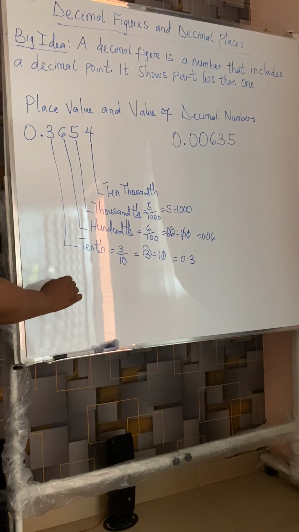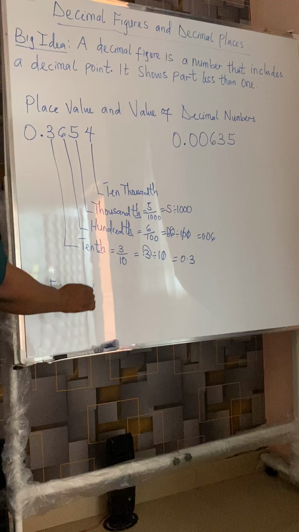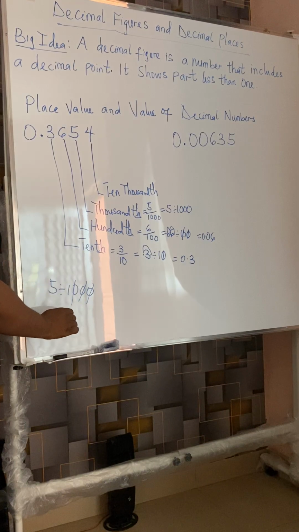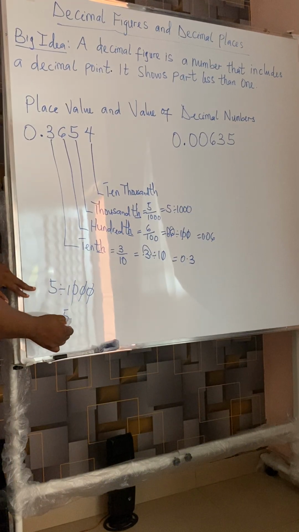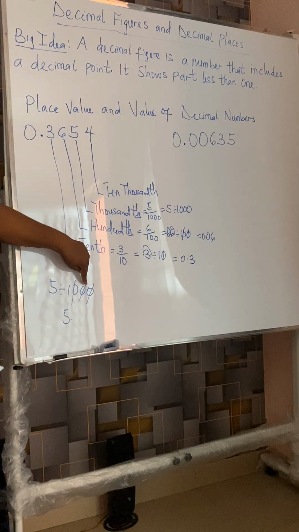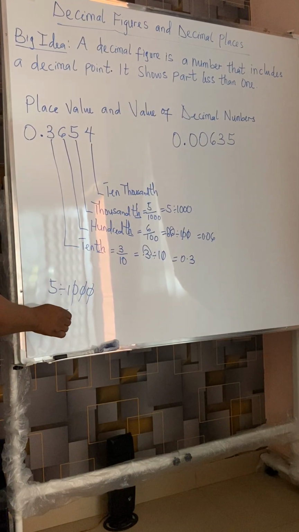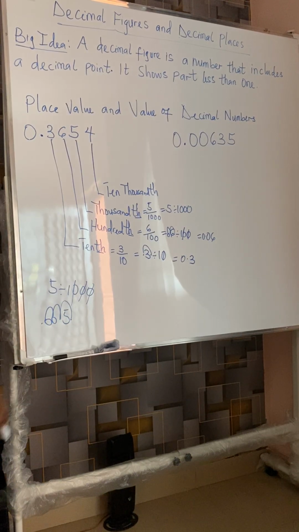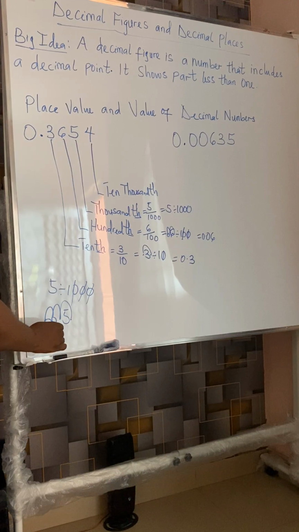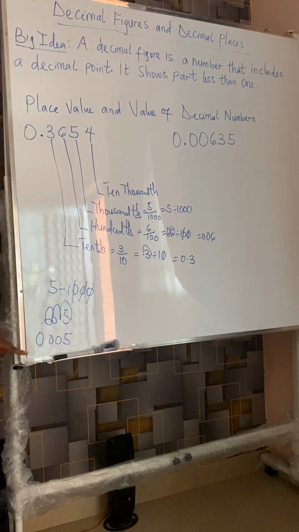If I say 5 divided by 1000, remember there are 1, 2, 3 zeros here, and this is 5. There is always an invisible decimal point here, but because there are 3 zeros, I'll move 1, 2, 3. Then my decimal point, so that this is 0.005. If I like, I'll put my 0 here, so that this is 0.005.